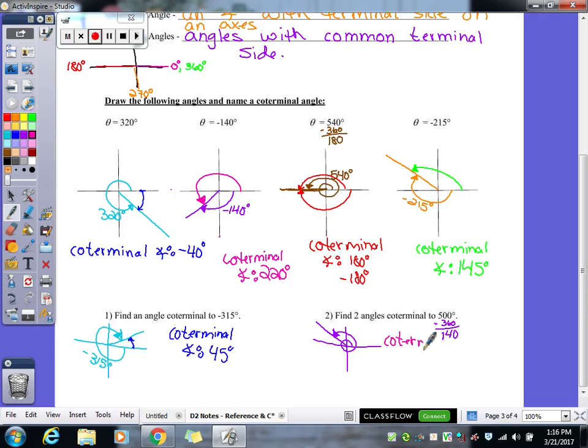So again, they wanted two coterminal angles. What would our first one be? 140. We just figured it out. A 140 is one of them. What's 360 minus 140? So it's negative 220.